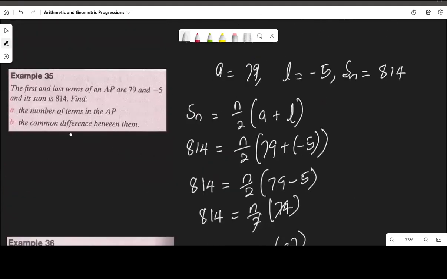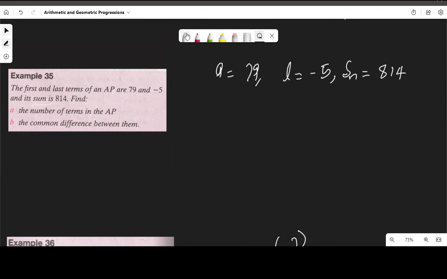That is question A. Then question B says the common difference. For a sequence whose last term is given to us, the last term, L, is given by the formula A plus n minus 1 times d.